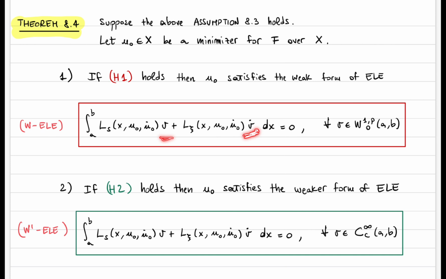Instead here you can just test against Sobolev functions which are 0 at the boundary. And we call this the weak Euler-Lagrange equation.